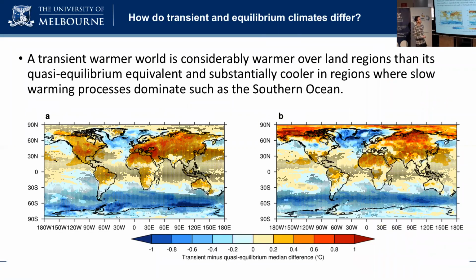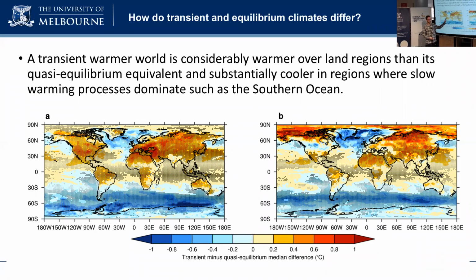So then we could start looking at the difference between the transient and quasi-equilibrium warmer worlds. This is showing June, July, August on the left, December, January, February on the right, the difference between a transient and an equivalent quasi-equilibrium climate. So what we're showing is that in a transient climate, controlling for global temperature, we've got more warm temperatures over the land masses and over the northern hemisphere in summer, relative to the near equilibrium equivalent.